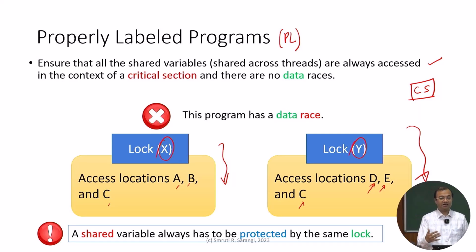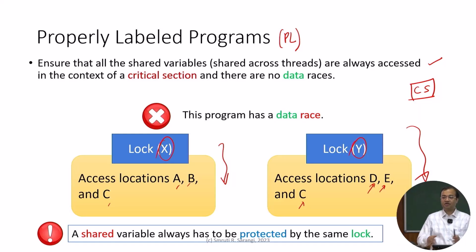So the answer in the class was correctly given: consider location C. If thread 1 locks X to access C and thread 2 locks Y to access C, this is not allowed. This basically means that C is not being accessed within a critical section.